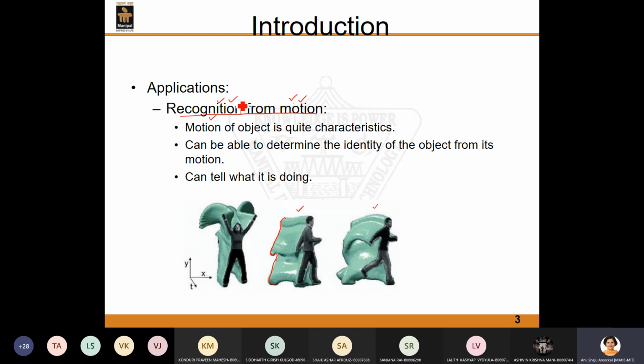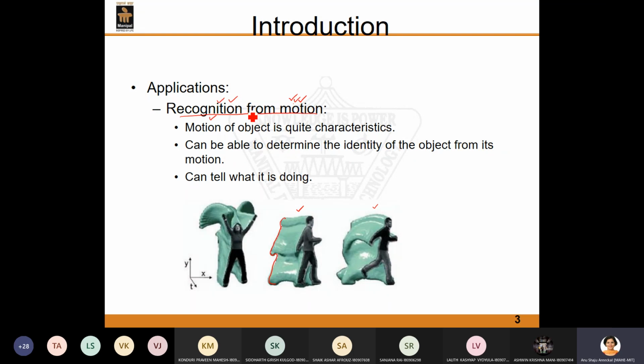So this is a very interesting application of recognition from motion, or basically object tracking. Now, there are many applications, but one of them is this: let's say there is some kind of a motion or an activity which is happening, and then you have recognized what is the activity or what is exactly happening over there.